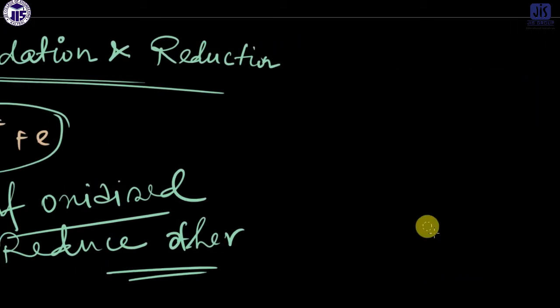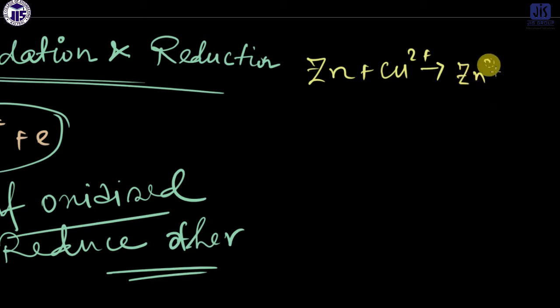For example, if you take a very common example, zinc plus copper 2+, then what is produced is zinc 2+ and copper.